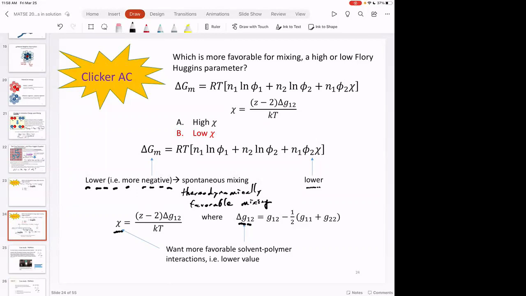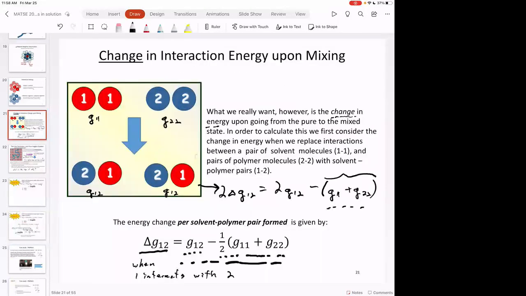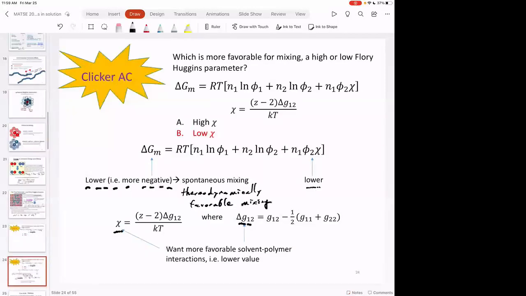And eventually, if you have the same intermolecular interactions between your solvent and your polymer, what's Chi? 0, right? So if there's no change in the intermolecular interactions as we do this mixing, Chi is 0, right? And that's an ideal solution. We know that's favorable. And so polymers that have similar polarity or similar chemical composition or similar functional groups, those will tend to mix because they're low Chi systems.